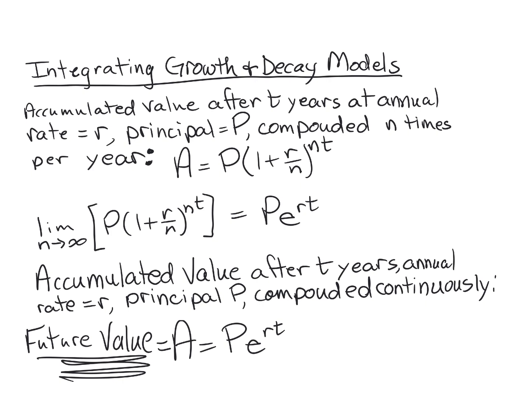Once you're compounding more and more frequently, the difference between this formula and this formula is pretty negligible. So banks will use this just for convenience, of course, usually in their favor. All right, so if you want to find the accumulated value after T years with an annual percentage rate of R, principal P, compounded continuously, this is the formula that we're going to start with to find our future value.